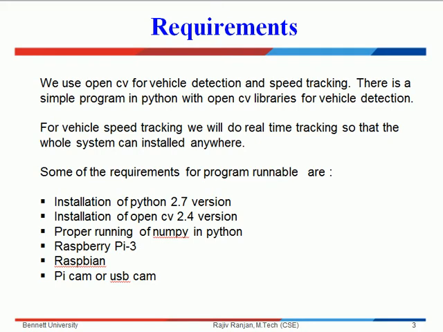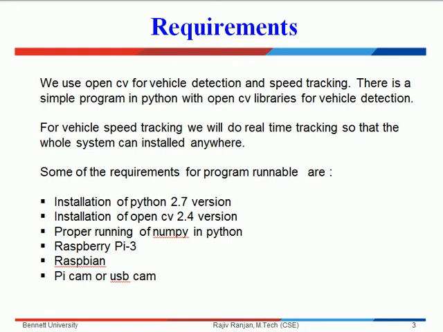Some of the requirements for the program to run are that we have to install Python 2.7 on our computer, import the OpenCV 2 version library in the Python program, and there should be proper running of NumPy in Python. These are the software requirements.